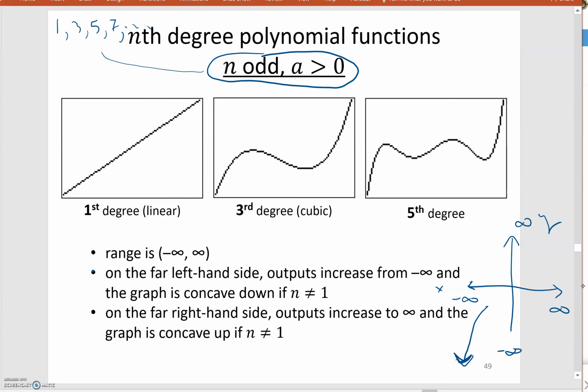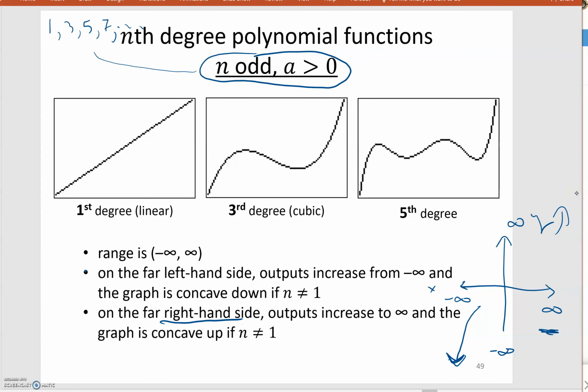Now I know that arrow is pointing down, but we're still moving from left to right. So on the far right-hand side, we're basically going up. The overall qualitative behavior is upwards from negative infinity, and then maybe a bunch of bends, but then up again. The number of bends is going to increase as the degree of the polynomial increases. But overall, this thing is sloping upwards.